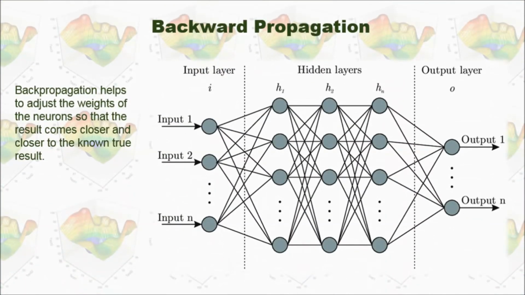In this case, we are going to use backward propagation. That means after we got our result, we are going to compare with the result we know, that is the correct result, and then we just adjust the weight we assigned initially to get the correct result.